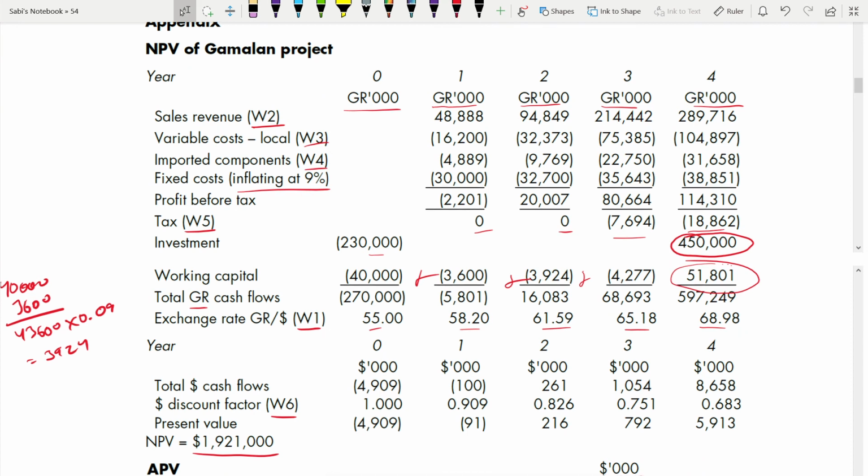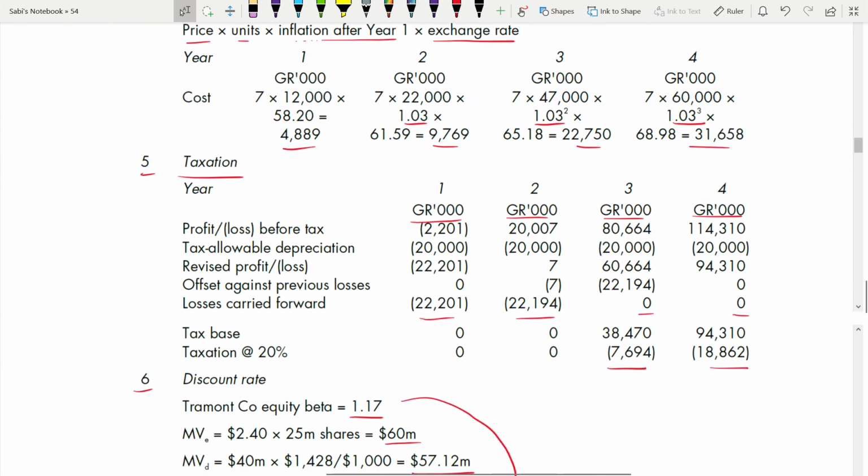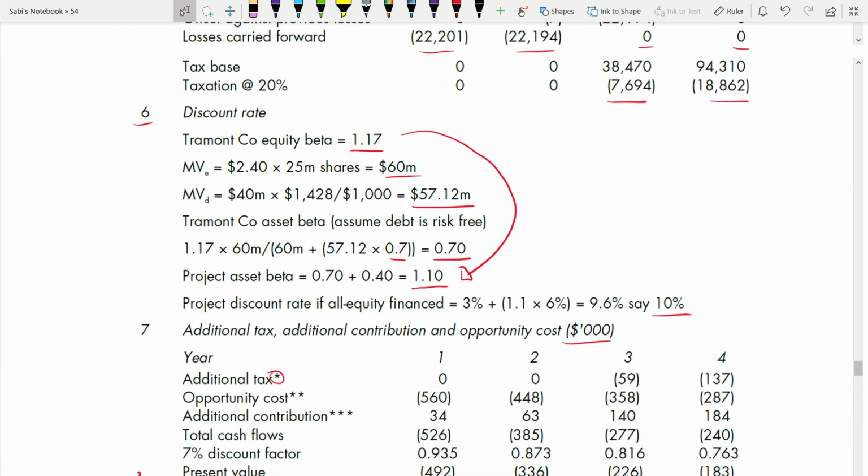So let's check. If you see the tax, it is 59 and 137 additional tax.